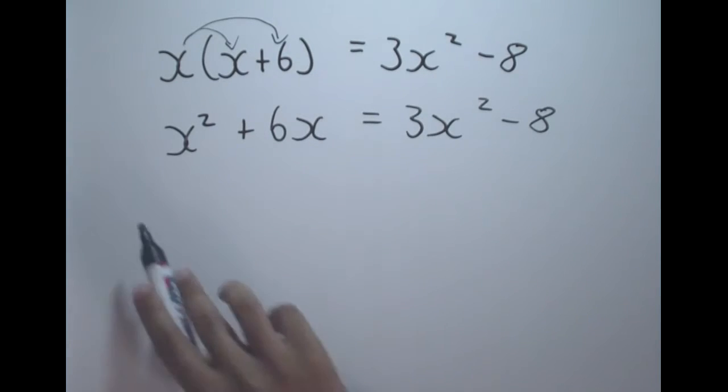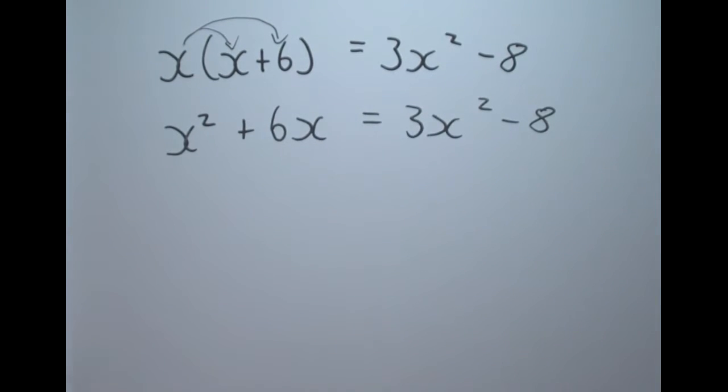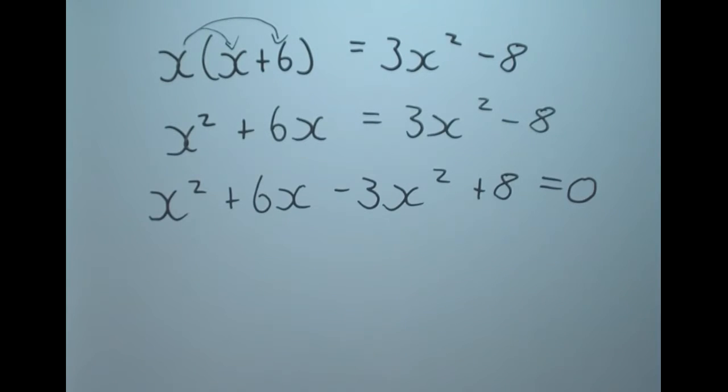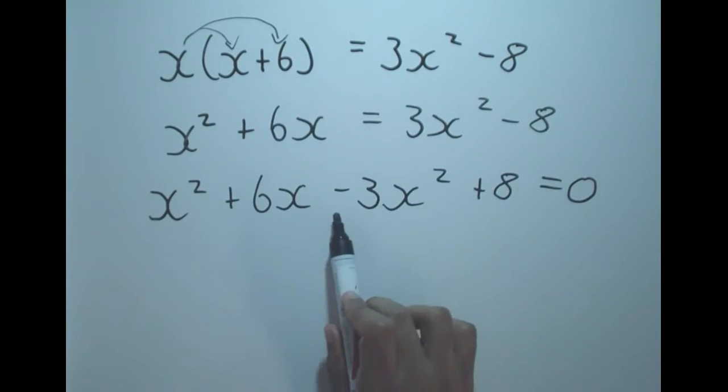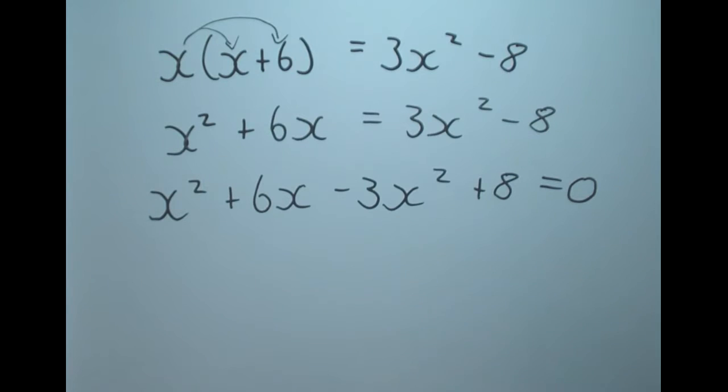So that gives me x squared plus 6x, as before, staying on the same side, and the positive 3x squared becomes a minus 3x squared when we take it over the equal sign, and the minus 8 becomes a positive 8, and we are left with 0 on the other side.